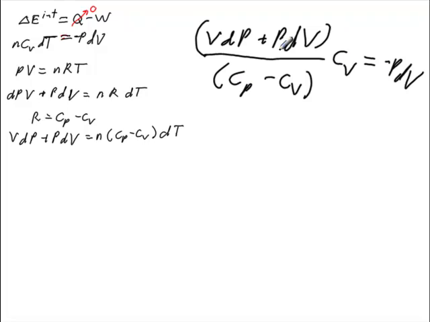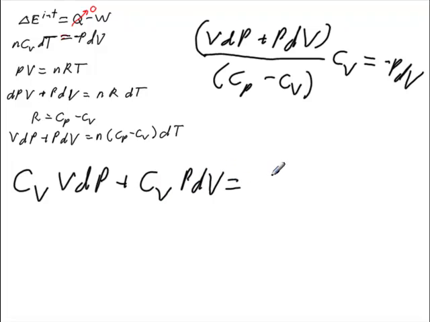Now we'll cross multiply and we'll put all the P dV terms on the right and all the V dP terms on the left. So what I'm left with is Cv times V dP plus Cv times P dV equals negative Cp times P dV plus Cv times P dV.